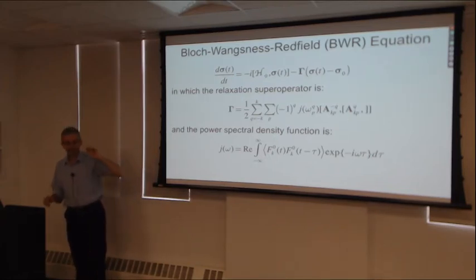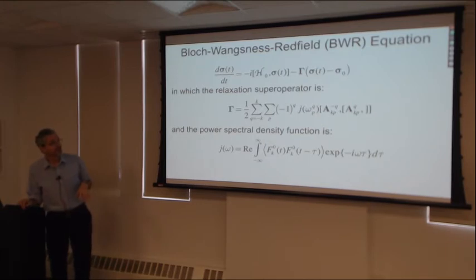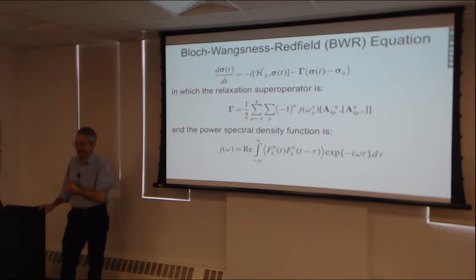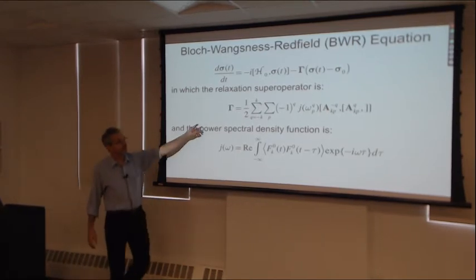Last time, this is the so-called Redfield equation in operator form, in which the first part is just the usual evolution under H0 with isotropic Hamiltonians. And then gamma is the relaxation superoperator defined here.